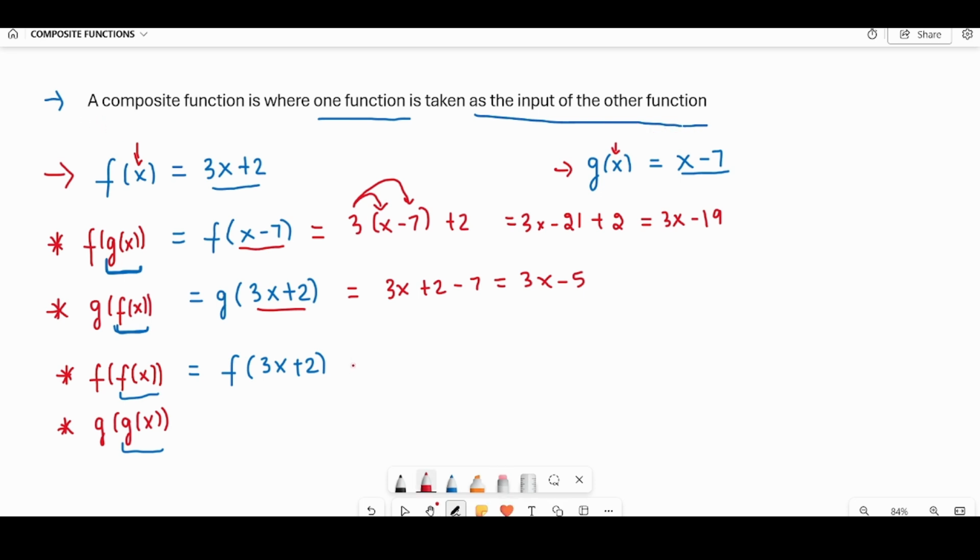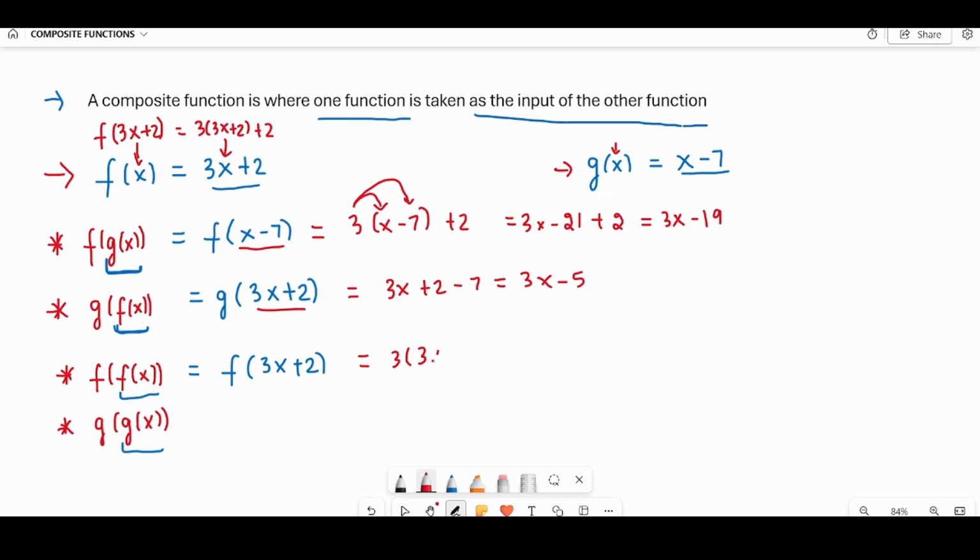So now to find the value of f of 3x plus 2, again all we have to do is replace the input x with 3x plus 2 everywhere in the function. So we will get f of 3x plus 2 equals 3 times 3x plus 2 and then plus 2 outside the parenthesis. So again you can see we have just replaced x with 3x plus 2 everywhere in the function.